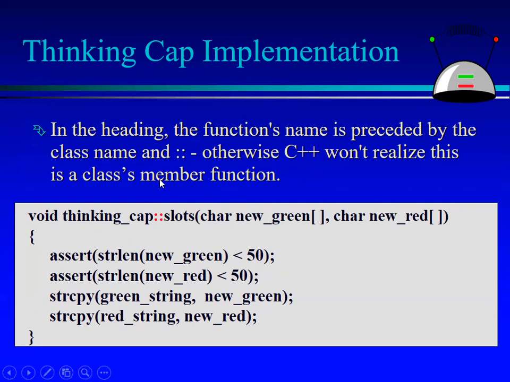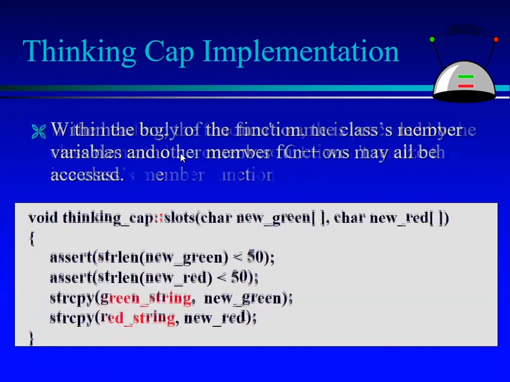If you are not writing the scope resolution operator, C++ won't realize this is a class member function. To provide the information to the C++ compiler that this function is a part of this particular class, we need to specify the scope resolution operator. Okay, so we will be moving further.